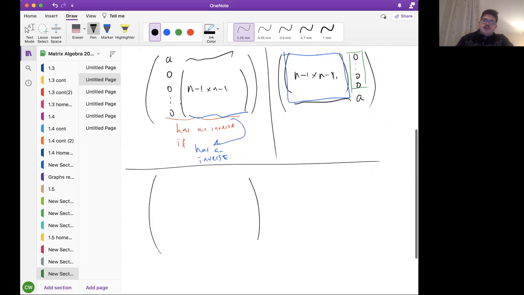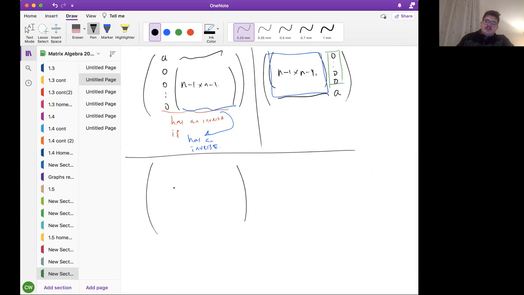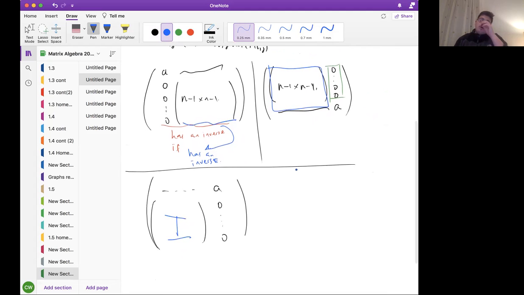Another example would be, we could have done it like this. And then if this is row equivalent to identity, then the whole thing would have an inverse. So we don't always have to use the first row. We've just been doing that because it's easier to do in our Gauss-Jordan elimination and everything else.